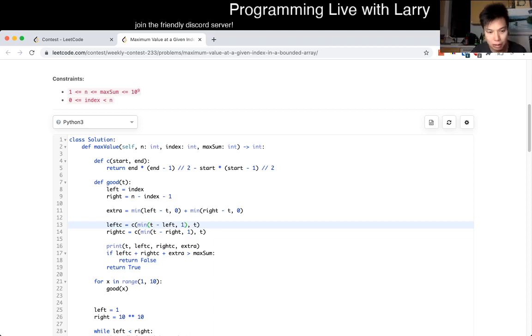Okay, if I can't focus, this is tough. So let's say that we're at index 2, the 2 numbers to the left, we start at 1, so this actually should return 0 numbers.